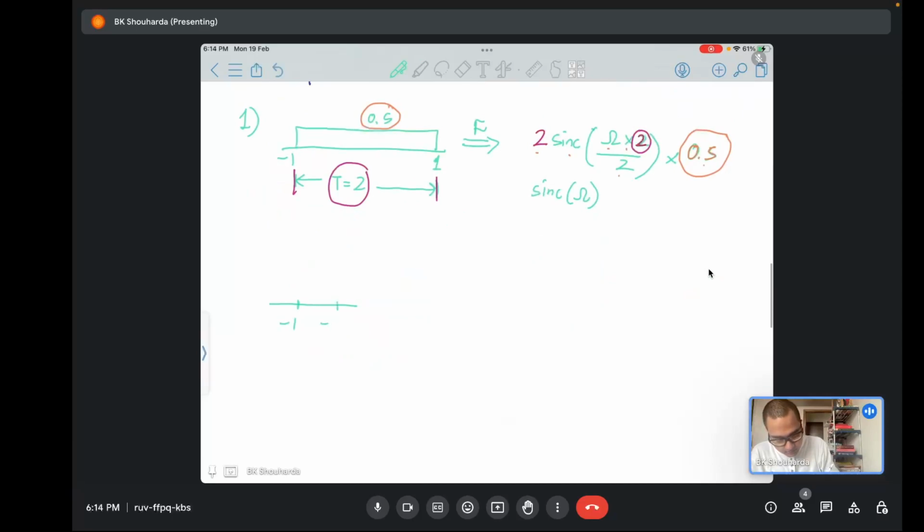Now look at the other two terms, -1 to -0.5 and 0.5 to 1. Let me call this x1 of t, this x2 of t, and this x3 of t. Okay, I will re-emphasize the concepts in such a manner that you will see that in every possible way you will be able to reach this answer in whatever steps possible.